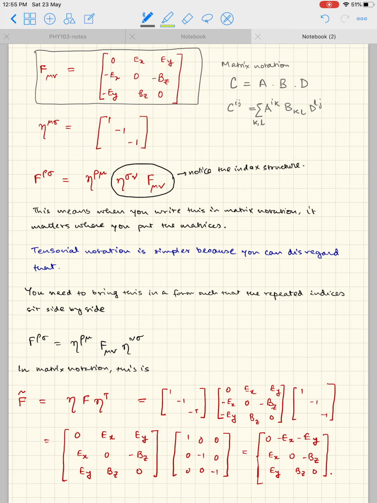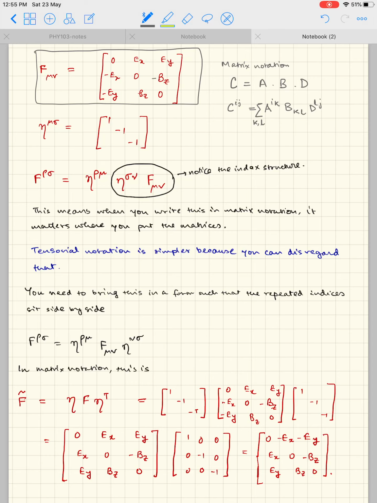But the point I'm trying to make is that these summed indices have to follow each other, in the sense it has to be AIK and BKL and DLJ. All right.